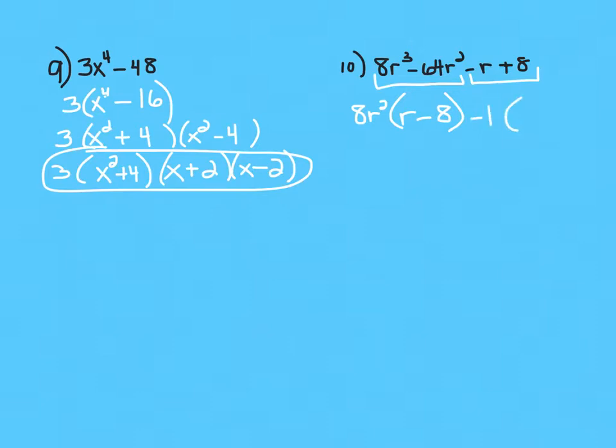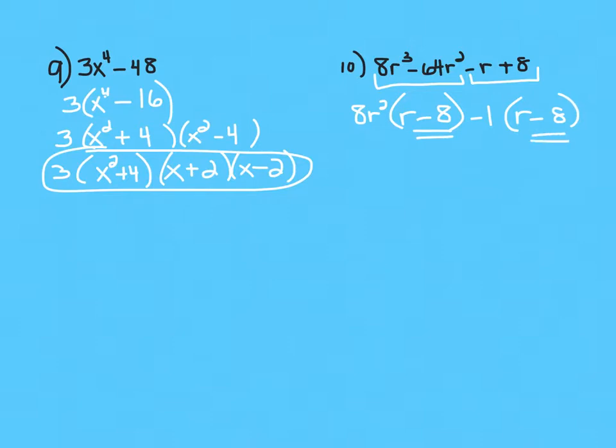And please make sure you write minus 1 here. So then negative r divided by negative 1, right? A negative divided by negative is positive, and r divided by 1 is r, so positive r. And then 8 divided by negative 1 is negative 8. Okay, so these match up, which is good.